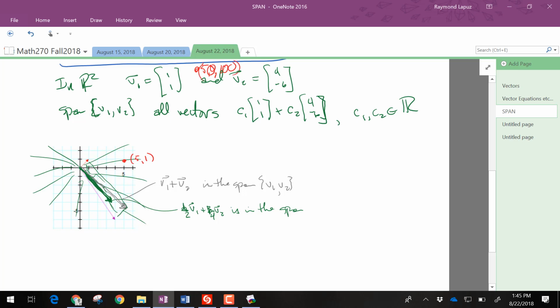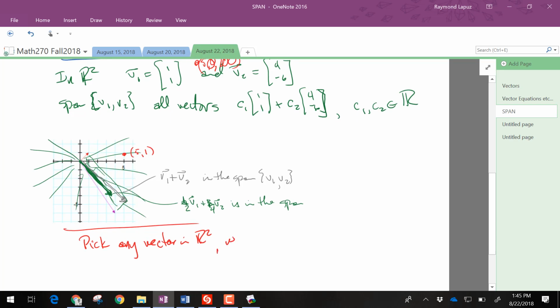if we pick any vectors, can we write that vector as a linear combination of 1, 1 and 4, negative 6? Yes. We should be able to. So pick any vector in R2, and then write it as a linear combination of the 2 vectors that we're dealing with.